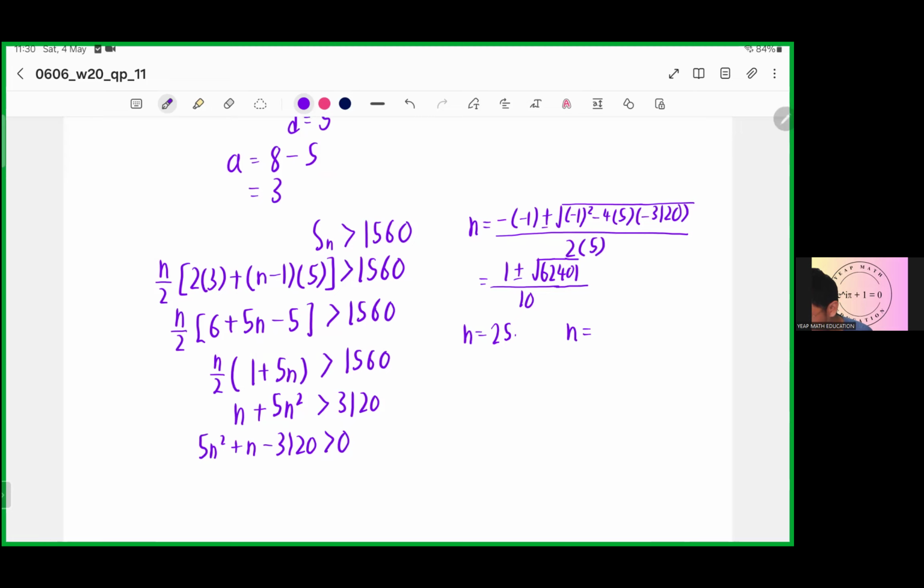Okay, it's positive, so sorry, one is negative. One is 24.88, and one more is negative 25.08. So we can sketch.